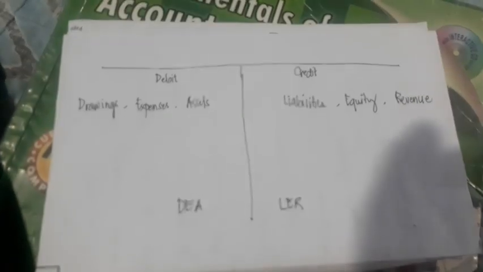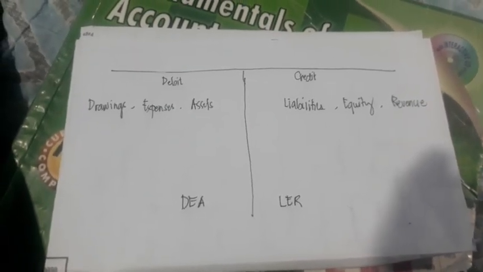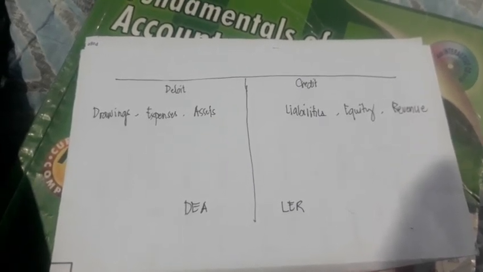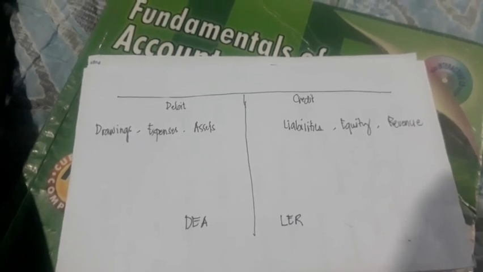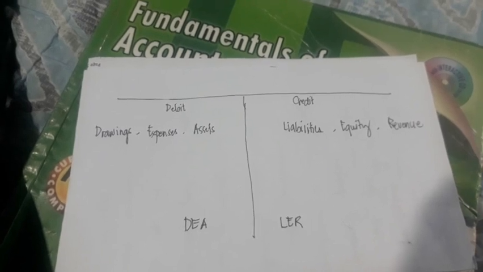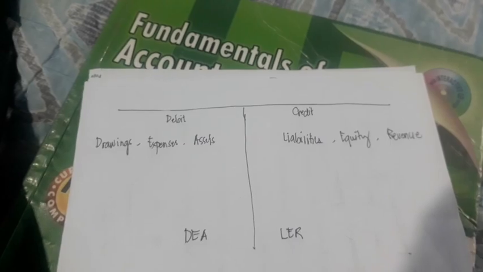Okay, so dapat po natin itong tatandaan. Ito ang ating T account, the debit and the credit. So, we have the DEALER. Ang normal balance po ng ating drawings, expenses, assets ay debit. Ang normal balance naman po ng ating liabilities, equity, and revenue ay credit. So, tandaan po natin ang ating magic word, DEALER.